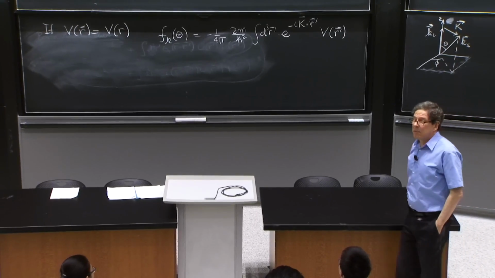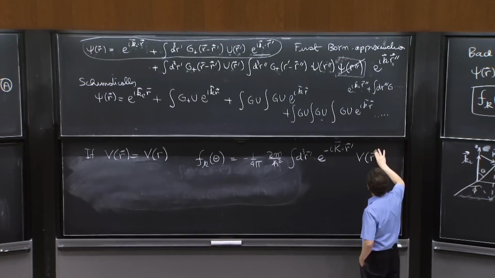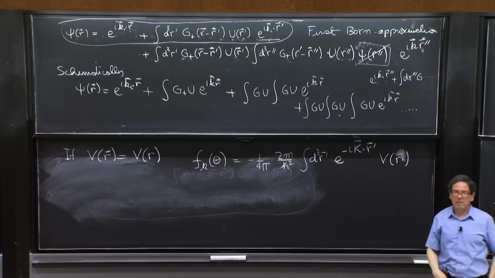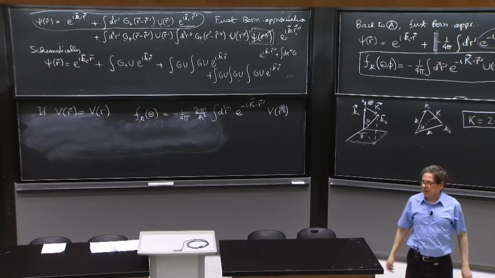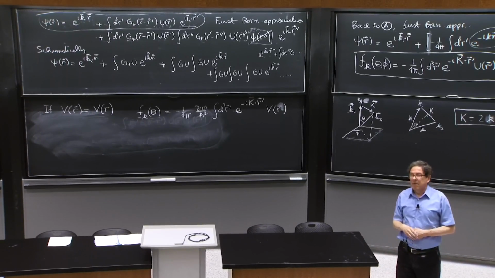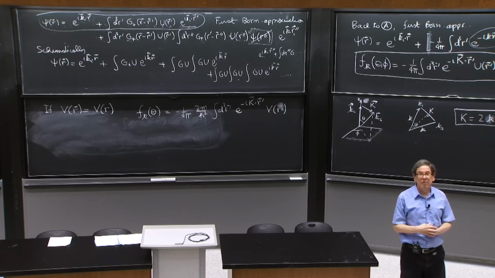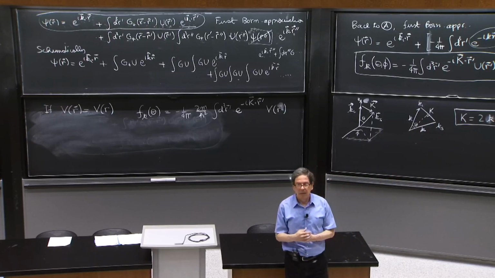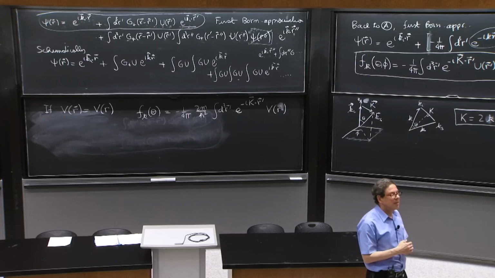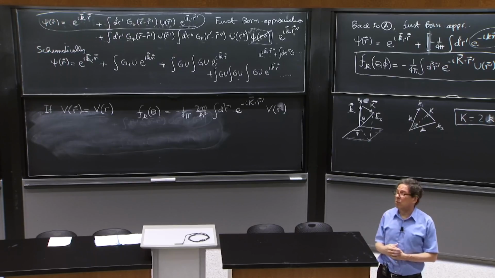Well, it certainly will depend on the potential, but now, if it's spherically symmetric, I might as well delete that. Is that right? We said it's spherically symmetric. So it will depend on the potential. That's, of course, true. But will it depend on the vector k? Yes, it better depend on the vector k, but all of the vector k or some of the vector k? It's good to think about that before doing the integral.